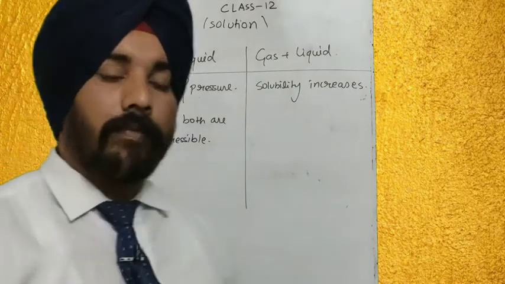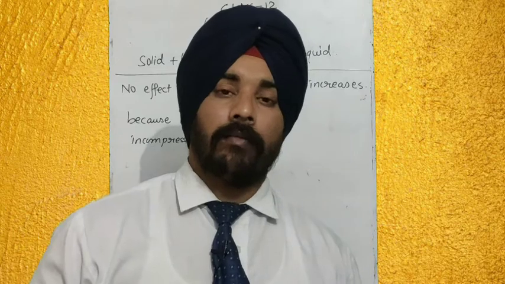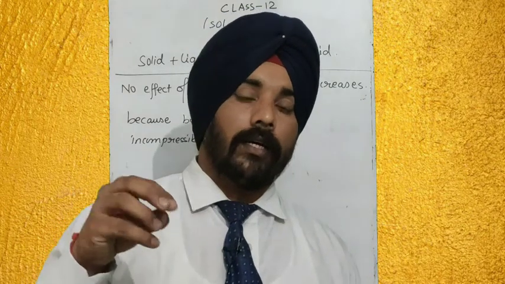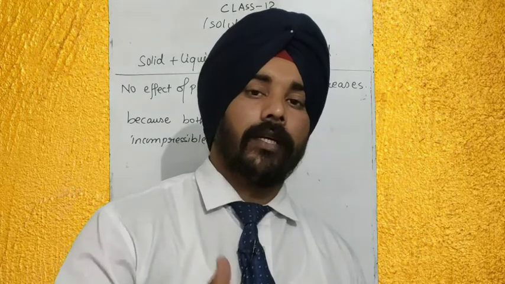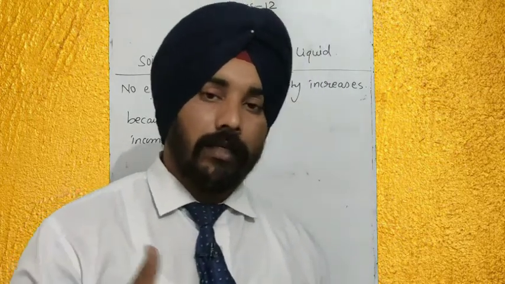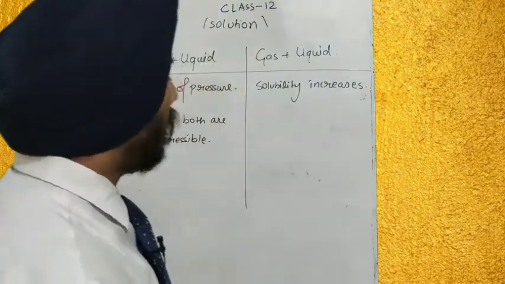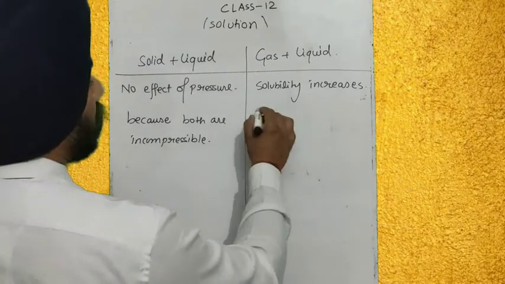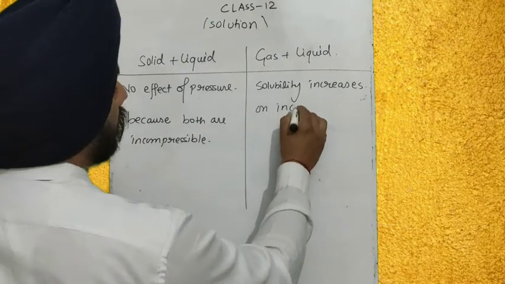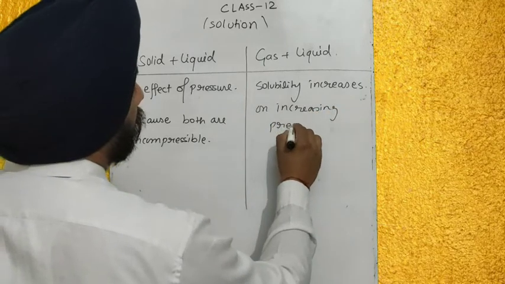According to Le Chatelier's principle, equilibrium shifts in that direction in which the effect of the change in pressure can be decreased. So the change in pressure can be decreased by increasing the solubility. So solubility increases as you increase the pressure.